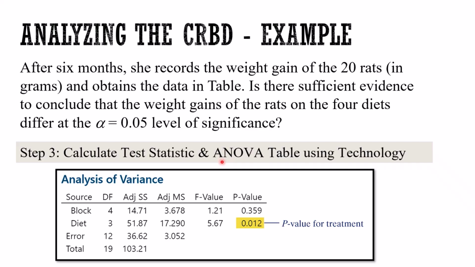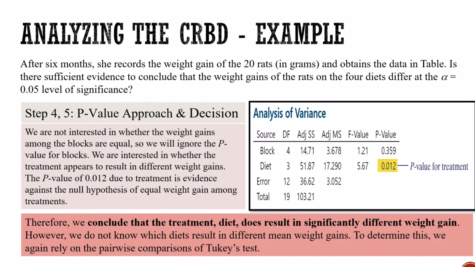All right. So now we are going to go and perform our test. We will use the p-value approach here because we have the p-value given to us in this ANOVA table. So let's perform our test using the p-value approach and come to a decision, which are steps 4 and 5 in the process, right? So we have the same table that we just saw previously. The p-value was 0.012 for the F value related to the diets.